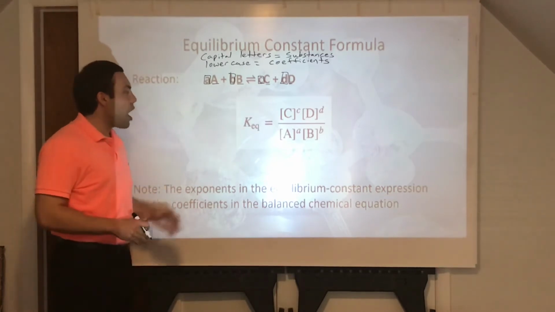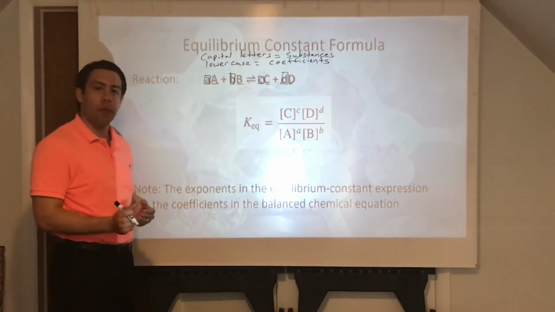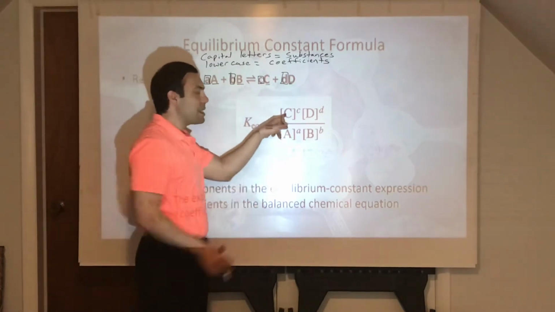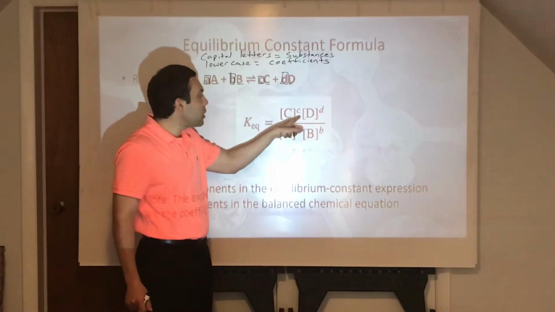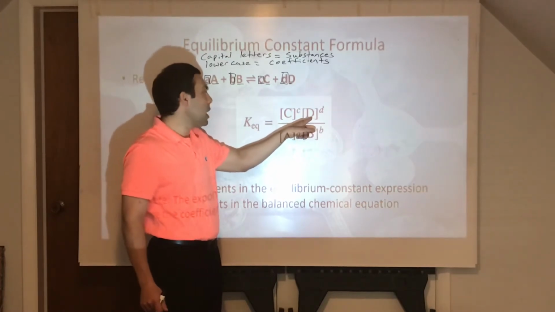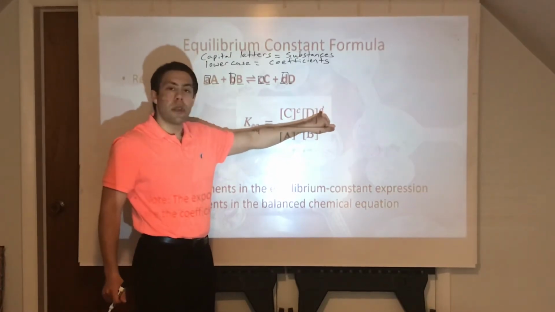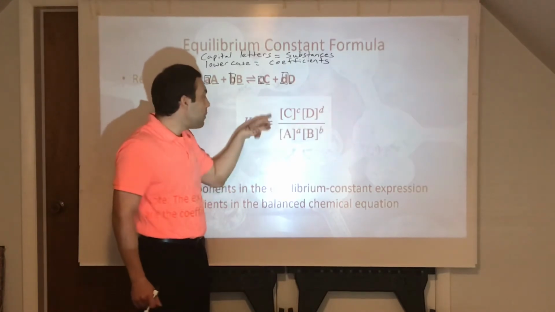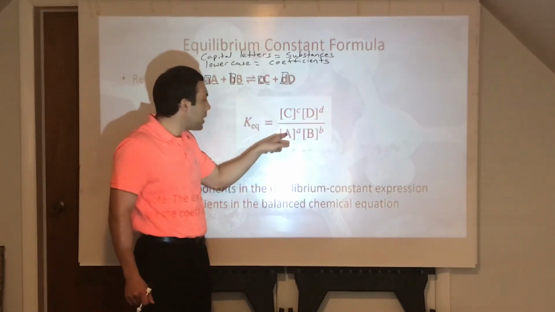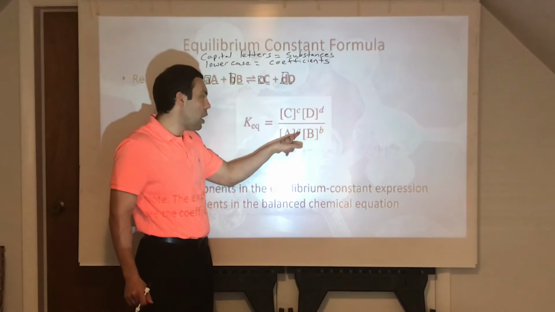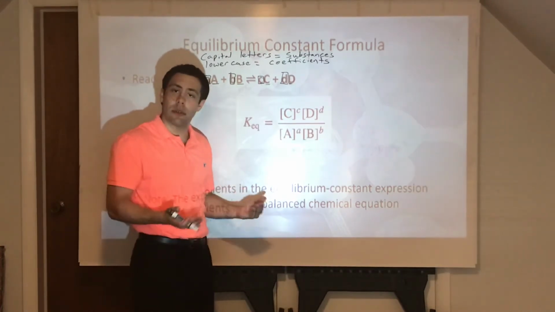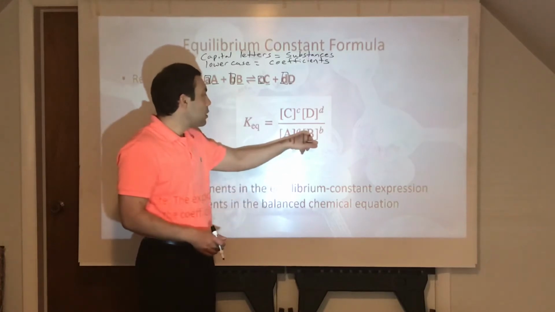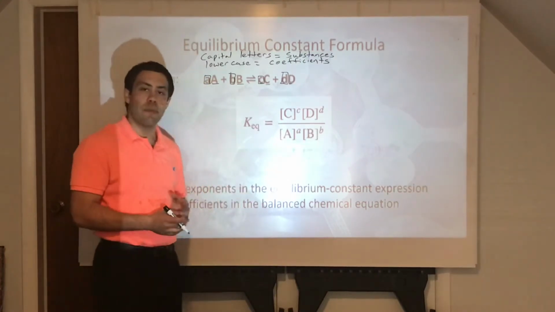Now let's take a look at our KEQ formula. We have in brackets capital C raised to the lowercase c power times in brackets capital D raised to the lowercase d power, divided by, in brackets, capital A raised to the lowercase a power, times, in brackets, uppercase B raised to the lowercase b power.